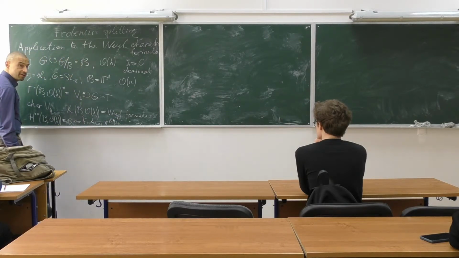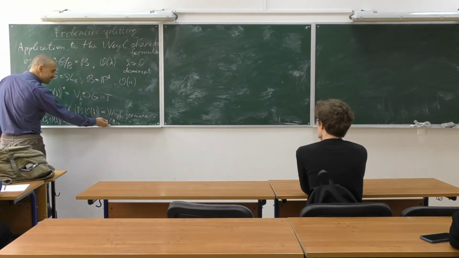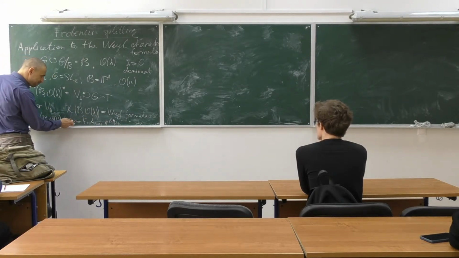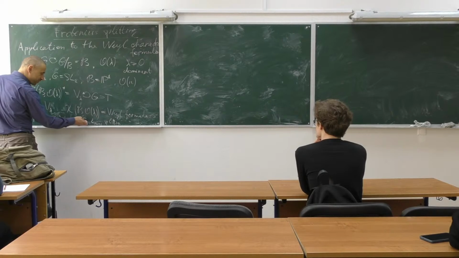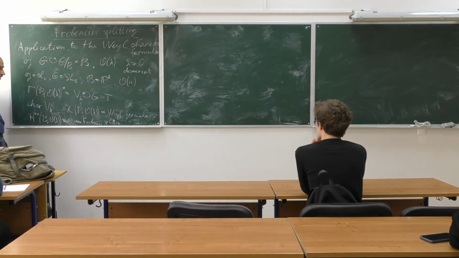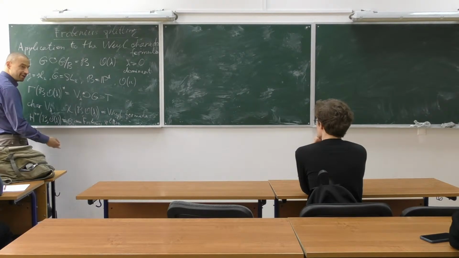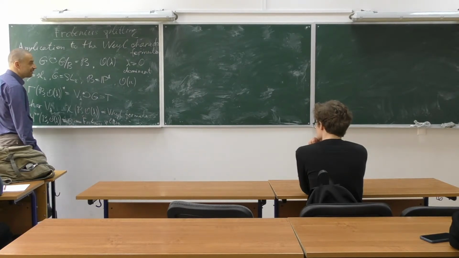In fact, I hope we will even prove this implication already today. That's what Frobenius splitting was discovered for. Then the hard work is to prove that for a flag variety, this Frobenius splitting really does hold. And this will take us about three weeks.